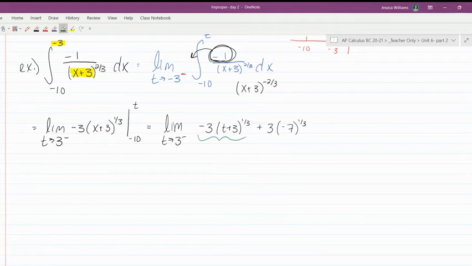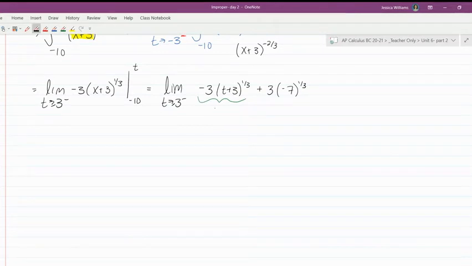Oh, I lost my negative on my 3. Why didn't you tell me? -3, -3. So if I put a -3 in for t, it's -3 plus 3. This is going to 0. So this limit converges to a value of 3 times -7 to the 1/3. Strange value. That's fine. Doesn't matter.